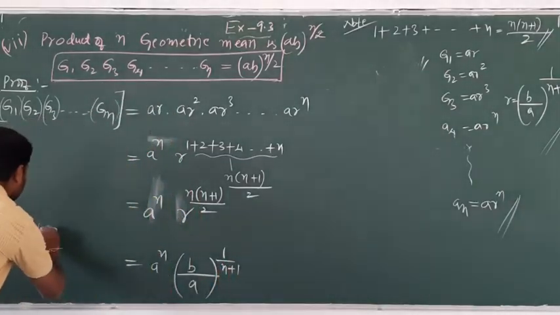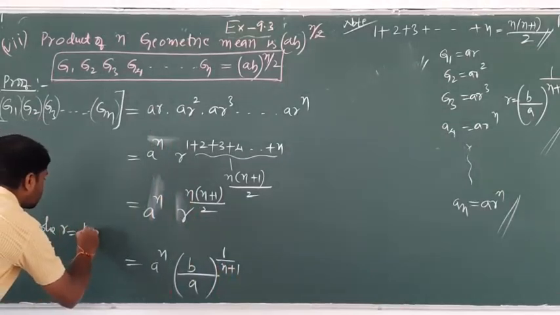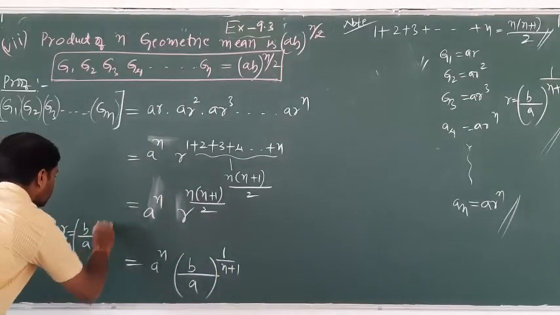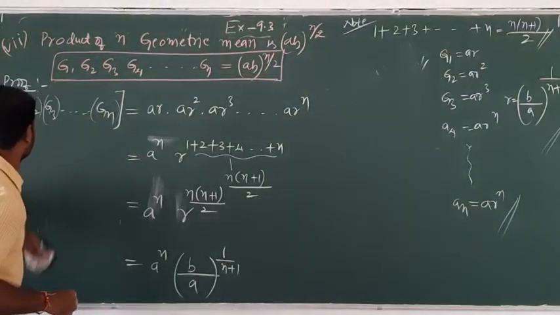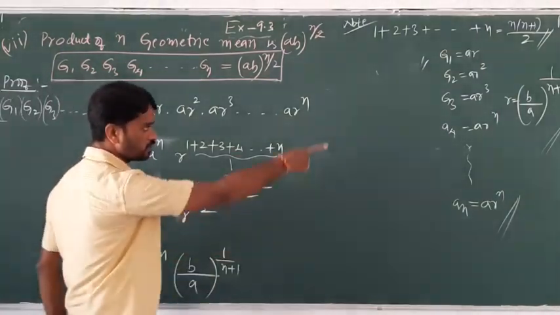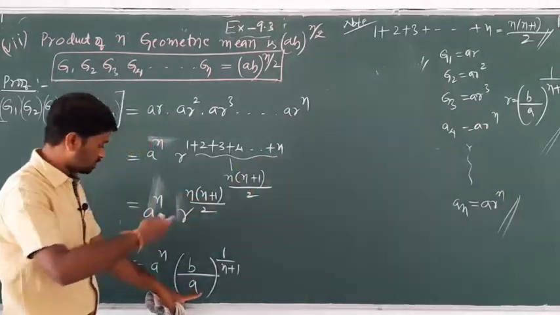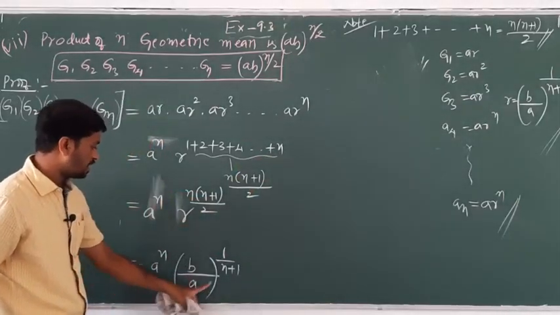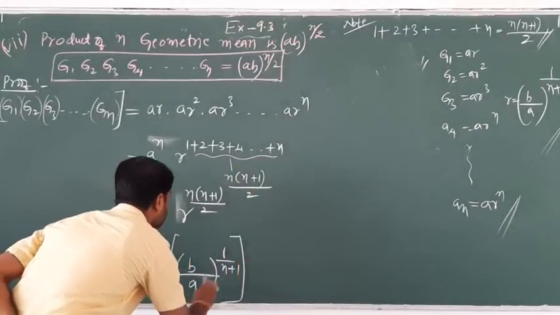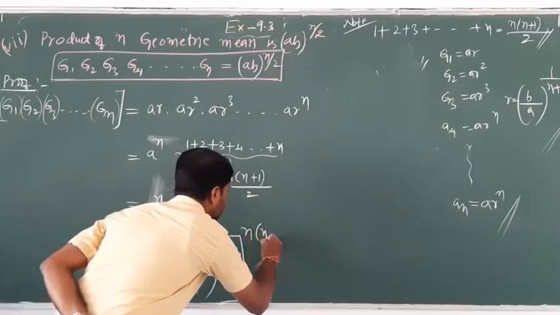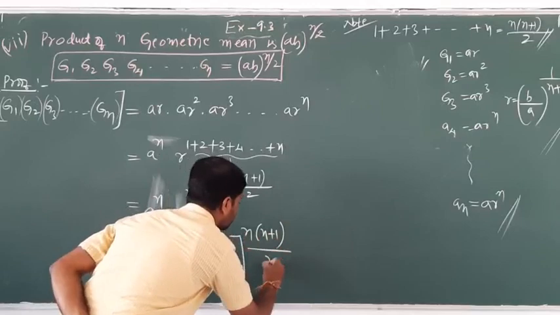You already know that from the previous note. So take the R value, (B by A) whole power of 1 by n plus 1, whole power of n into n plus 1 divided by 2.